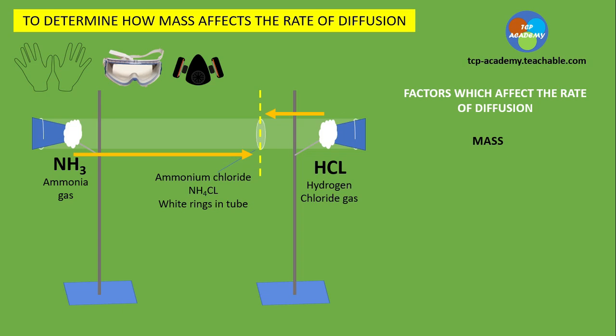Mass will definitely affect the rate of diffusion, as is demonstrated here in the setup. Particle size will also influence the rate of diffusion. It could cause diffusion to go fast or slow depending on the size of the particles.